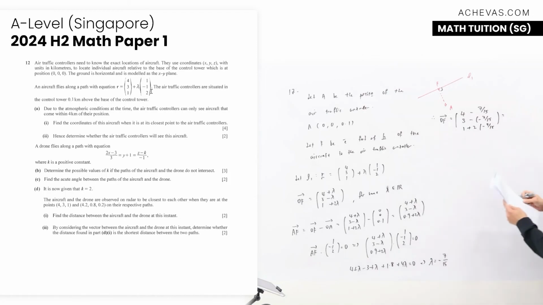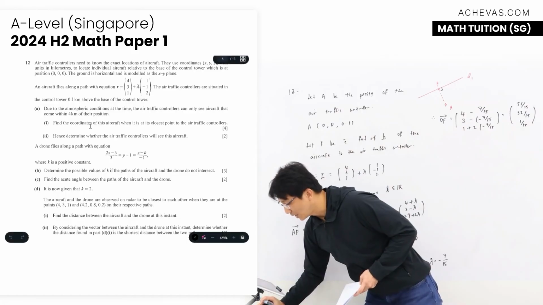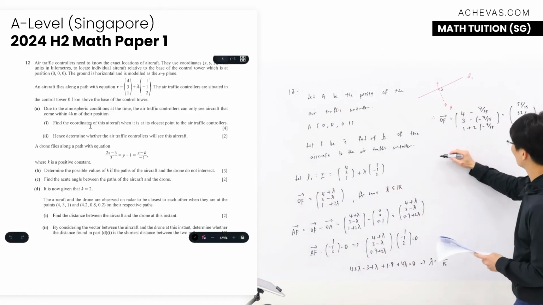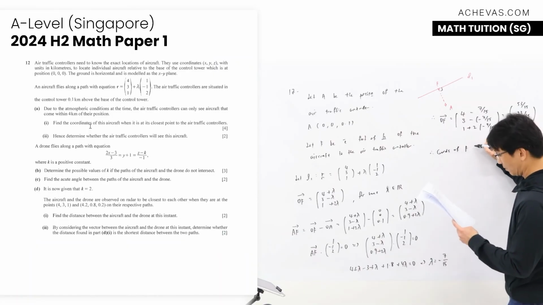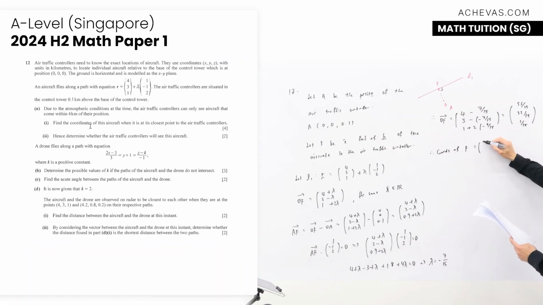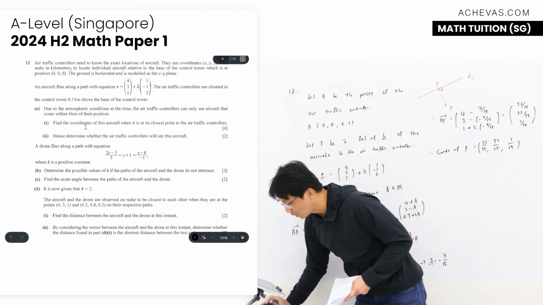Simplifying this entire expression, I will get (53 over 15, 52 over 15, 1 over 15). Since the question wants us to find the coordinates, I'm going to express my final answer in coordinate form. Therefore, the coordinates of F will be (53 over 15, 52 over 15, 1 over 15). This will be my answer for part 1.